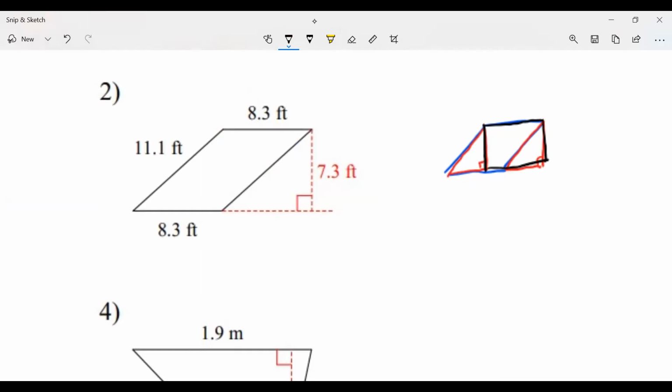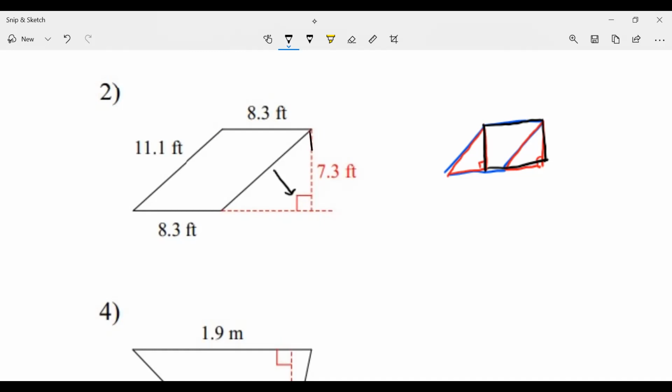When it comes to parallelograms, which look like a slanted rectangle, I'm going to treat this the same way I treat a rectangle. Like I did for question number 1, I look for a 90-degree angle. In this case, I don't have many choices. It's right there. I'm going to multiply the 2 numbers that make the 90-degree angle.